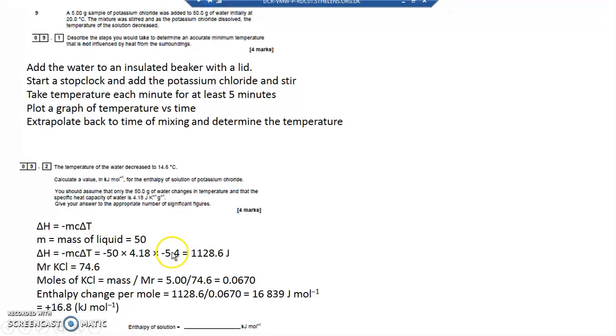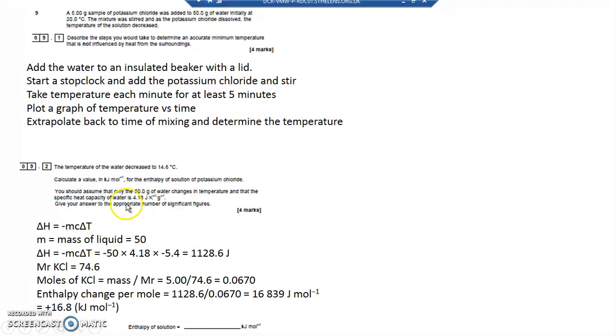The minus means the temperature has gone down, and when you multiply all those out, you end up with 1128.6 joules. You know it's in joules because the specific heat capacity has got joules as one of its units. You can convert that into kilojoules, but I'm going to do that at the end because it asks for it in kilojoules.